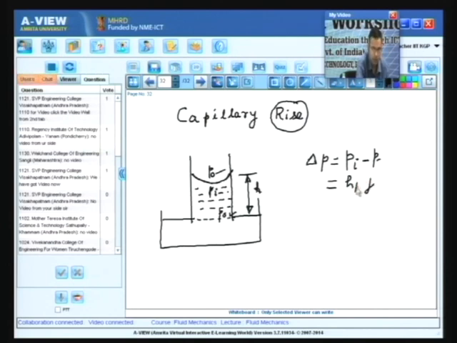This you know from high school physics. Now, delta P again by the Young-Laplace equation is equal to sigma into 1 by R1 plus 1 by R2.